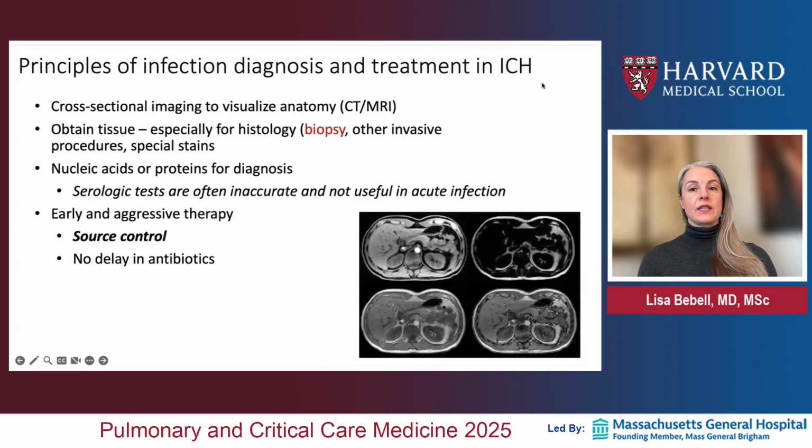So biopsy is often necessary, and other invasive procedures and special stains are often used to help make these diagnoses. You should rely more on nucleic acids or proteins for diagnosis rather than serologic tests, because in immune-compromised hosts the serologic tests are often inaccurate or not useful in acute infection due to their immune-compromised status or to their transfusions. Early and aggressive therapy is really the rule.